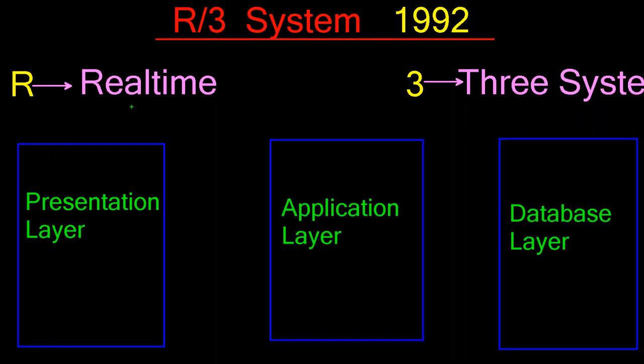So we have three separate systems: this is the first system, this is the second system, and this is the third system.